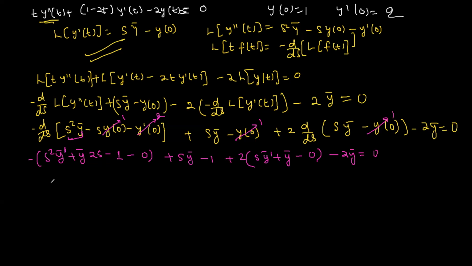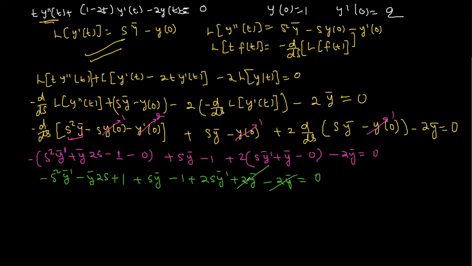Okay. Now, when you open the bracket, s square y bar dash minus 2s, minus minus plus s minus 1, opening the bracket 2s y bar dash plus 2y bar minus 2y bar. So minus you cancel, minus 1 plus 1 cancel. Check if anything cancels.